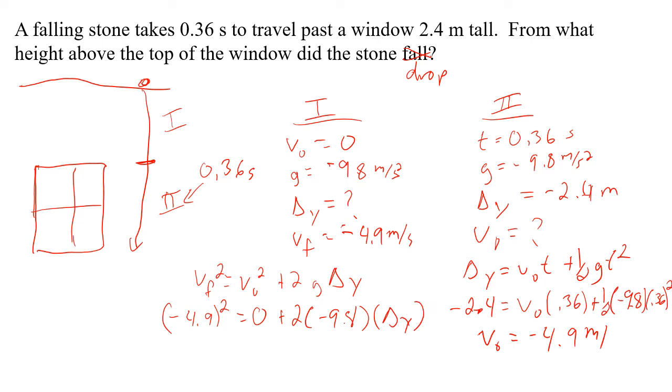Okay, solve for delta y. We get 1.23 meters, or negative 1.23 meters. So it fell from 1.23 meters above the window, or it fell negative 1.23 meters before it got to the window. Any questions on that one?